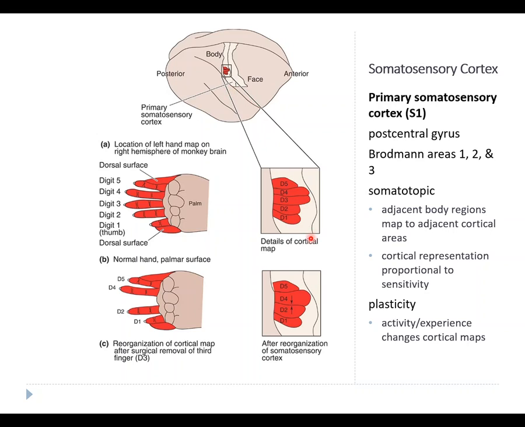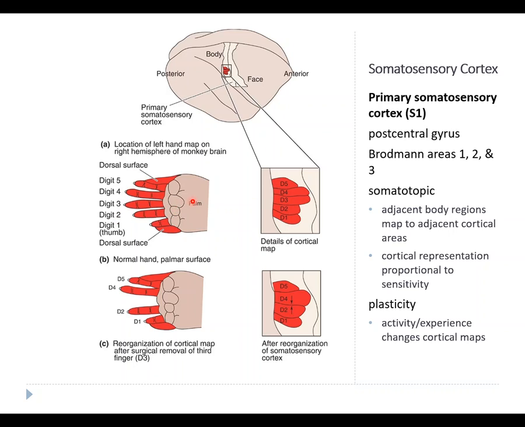For each finger, there's a region of somatosensory cortex that represents that digit. D1 here is the part of cortex that represents digit 1, specifically the palmar surface, the side on the palm, and to some extent also the dorsal surface. And D2 is the region that corresponds to digit 2, and so on. They're all arranged in a nice somatotopic map, in the same order that they're found on the fingers.